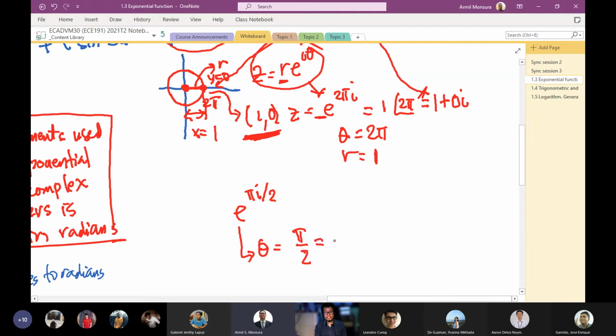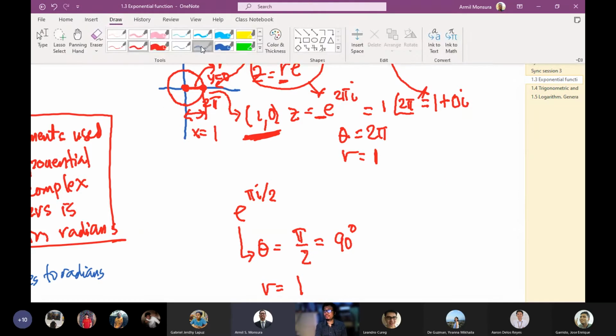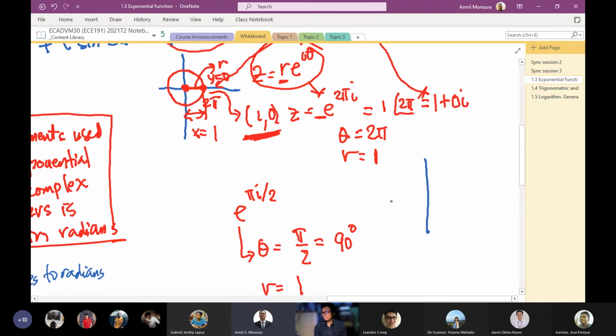In degrees, this is 90 degrees. Very good. What is r? 1 po. 1. Okay. So, kung ilolocate ko ngayon yung point na yan, o yung number na yan, sa Cartesian plane, okay?